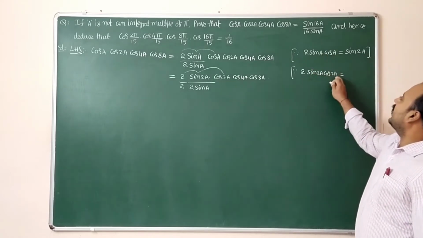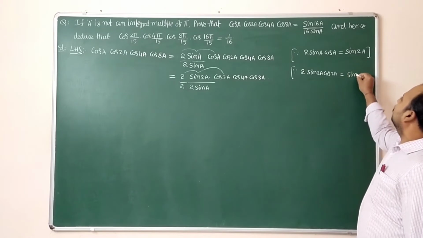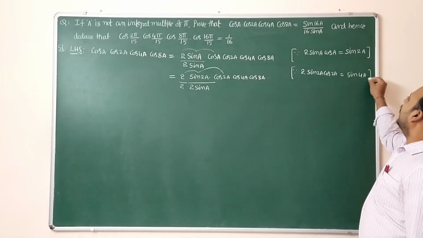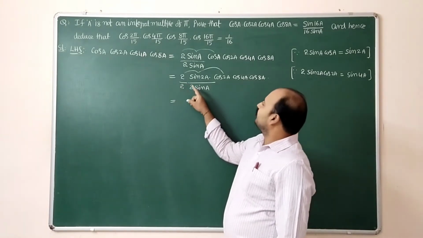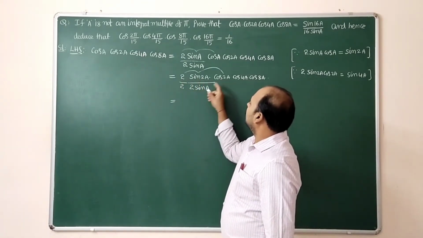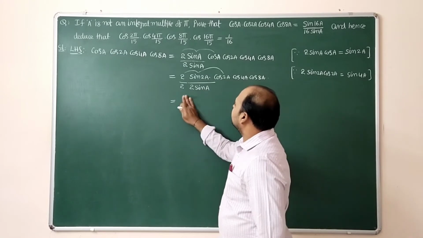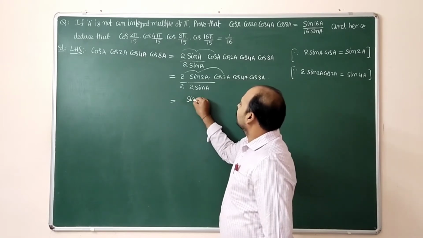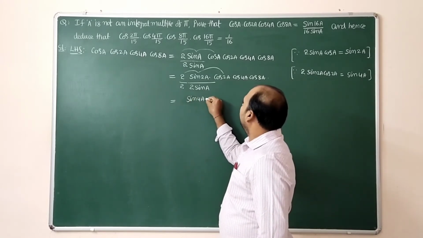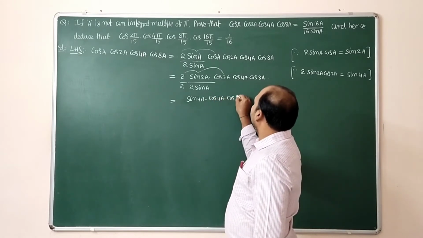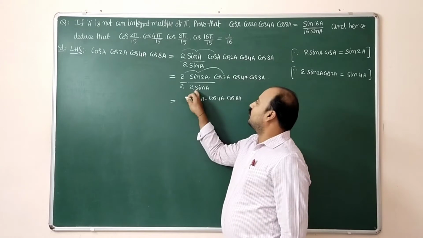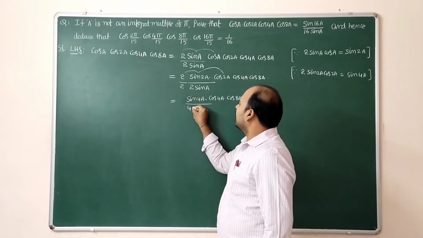Similarly 2 sin 2A cos 2A means sin 4A will come, sin 2 times of 2A. So it will become sin 4A into cos 4A into cos 8A over 2 to the 4 sin A.